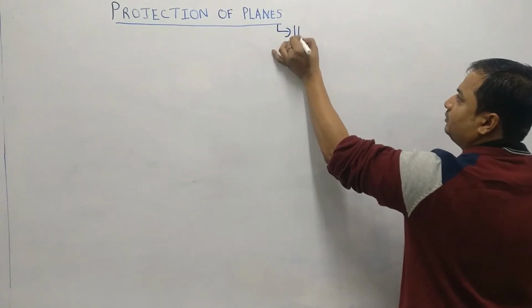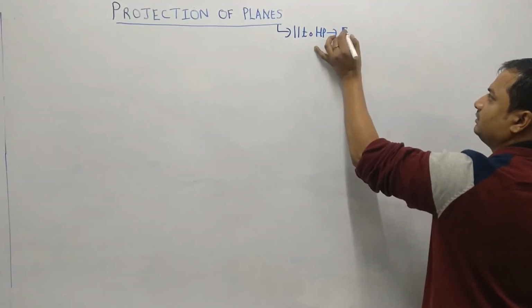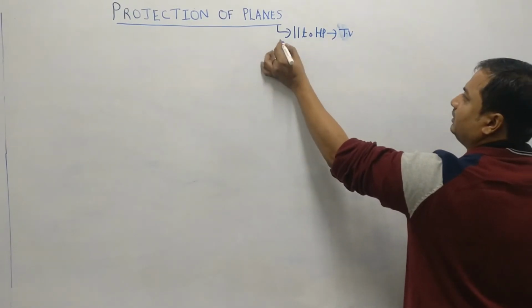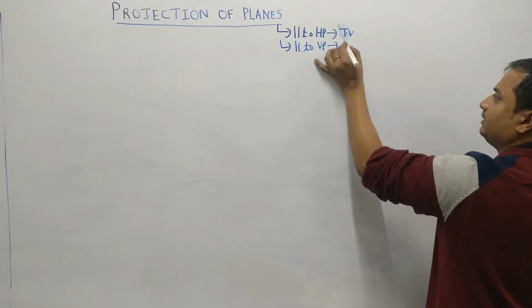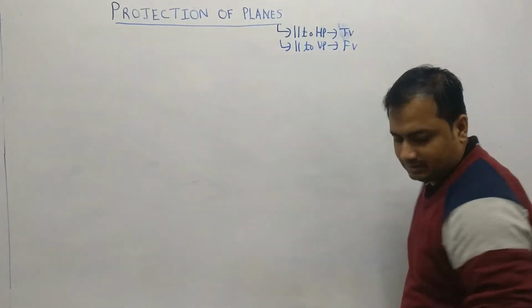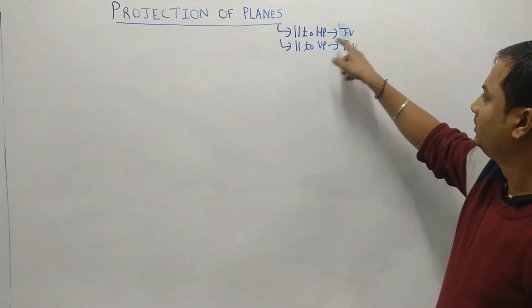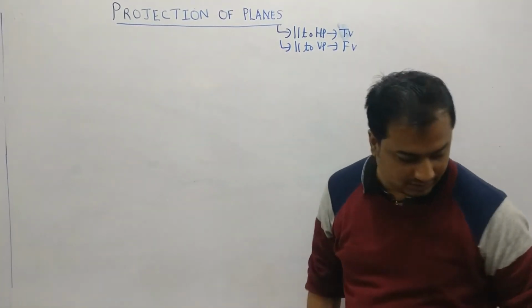When it is parallel to HP, first start with the top view. If it is parallel to VP, first make the front view. So please keep in mind these two things. If the plane is parallel to HP, start with the top view. Parallel to VP, start with the front view. I will be using this concept in our next case.